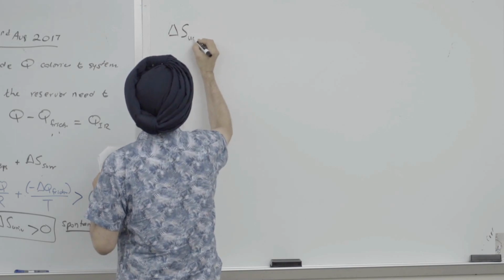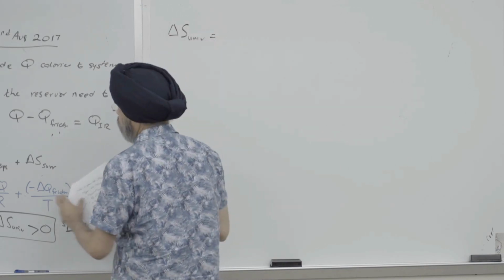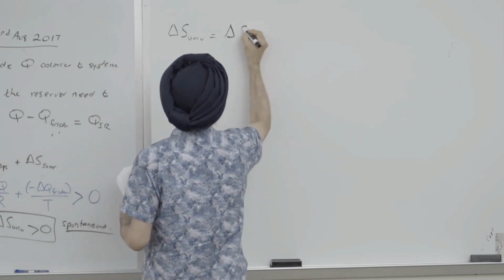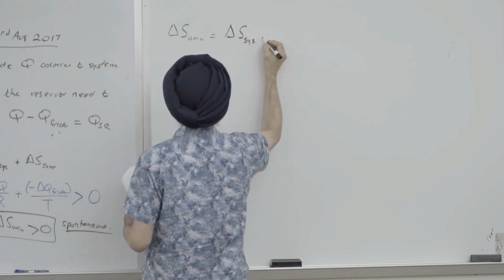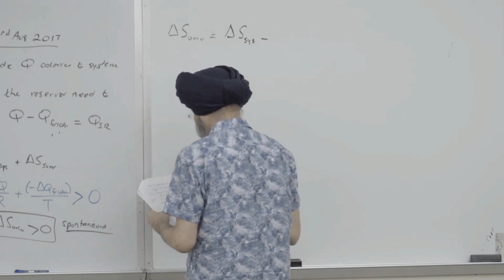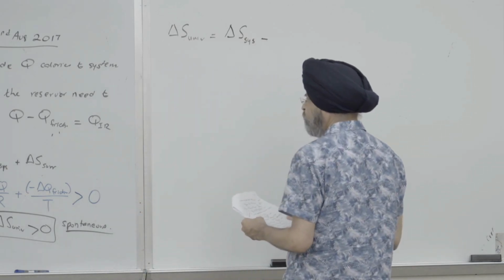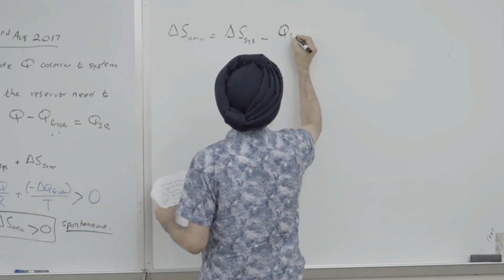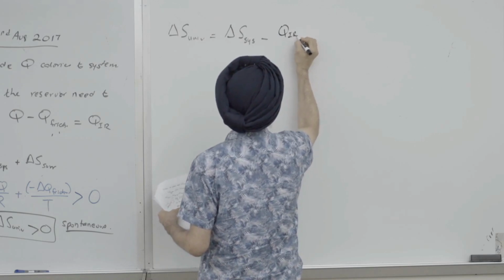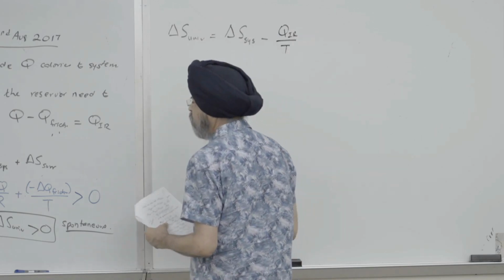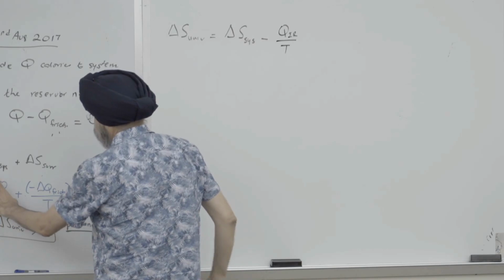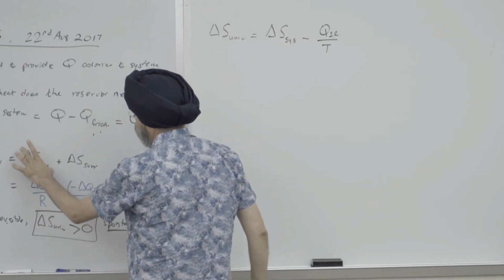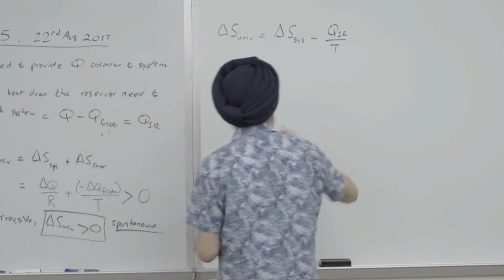Delta S universe is equal to delta S of the system minus Q IR over T. What I did was I just put this back: instead of writing delta Q over T, I put it as delta S system again.